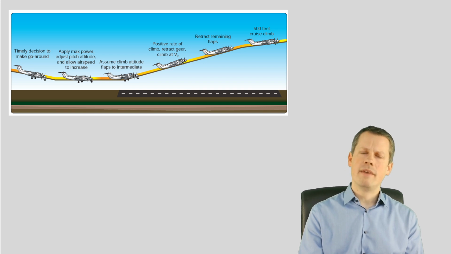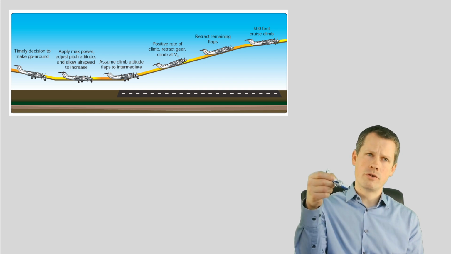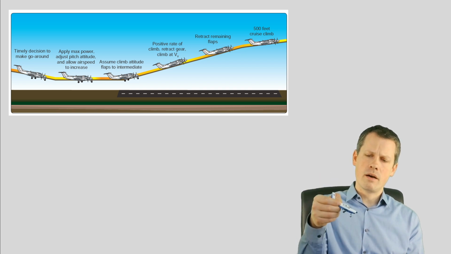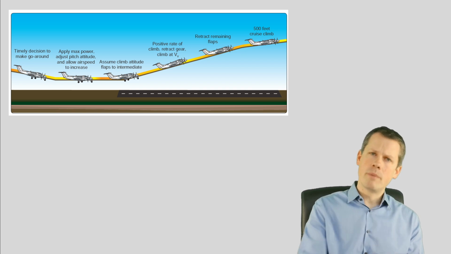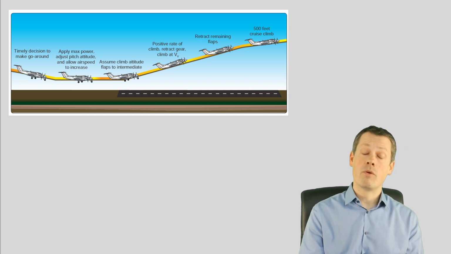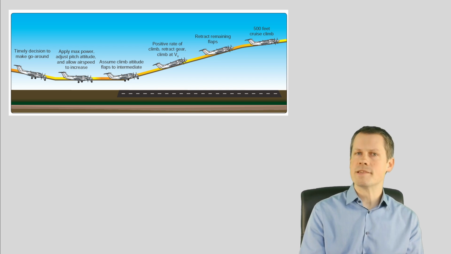Also keep in mind that the airplane will probably be trimmed for the final approach. So if you then suddenly apply full power to go around and you try to get the nose up, you will have quite high control forces. So use your trim as soon as possible to get rid of those forces.